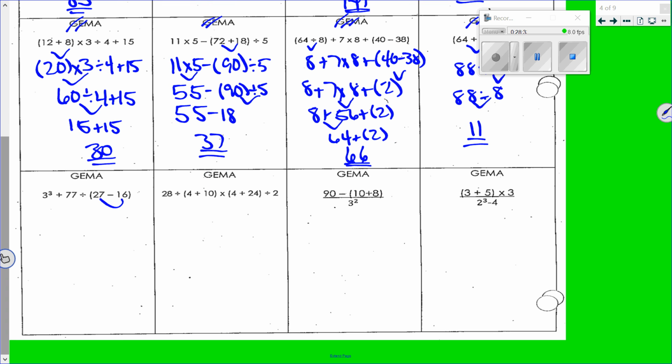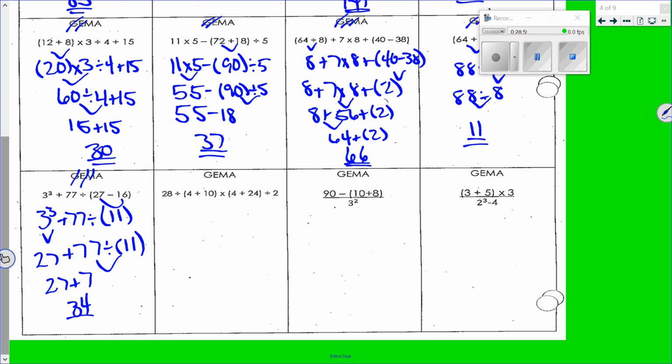Our grouping is on the far right, so that's where we're going to start. 3 cubed plus 77 divided by 27 minus 16 is 11. I have an exponent, so we'll do that one next. 3 cubed is 27. 3 times 3 times 3 plus 77 divided by 11. No more exponents. I have one division on this side. 27 plus 7 gives me a total of 34.